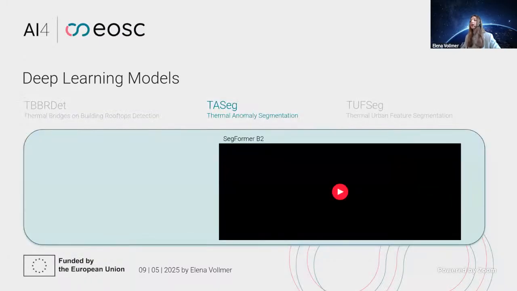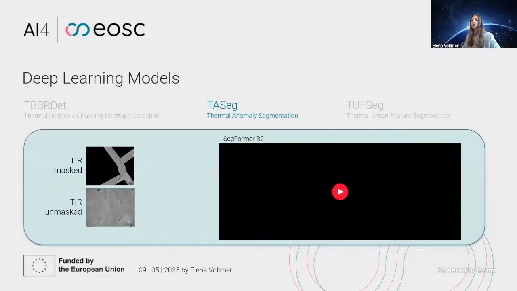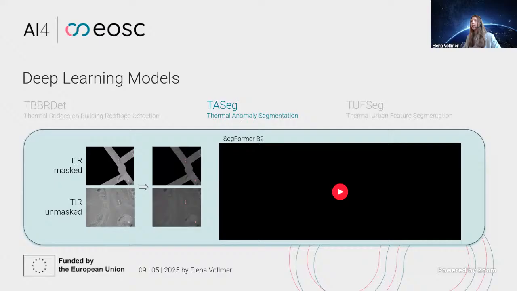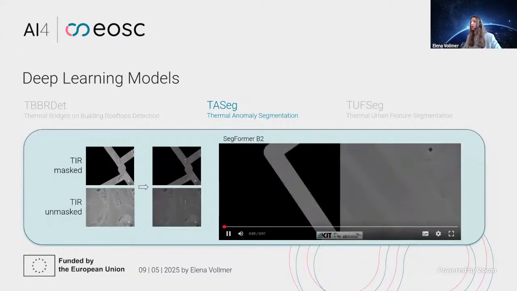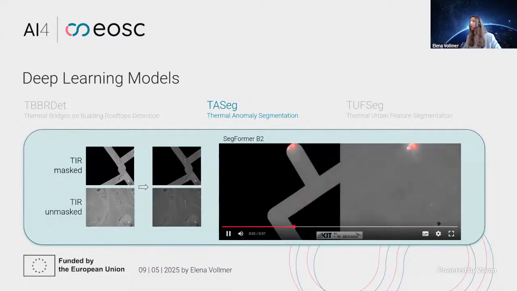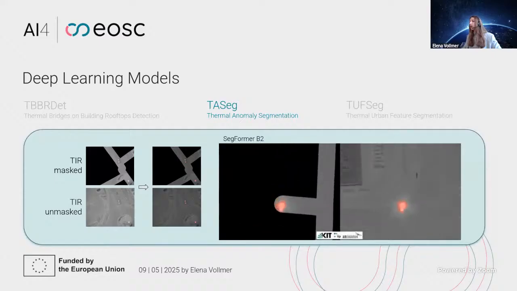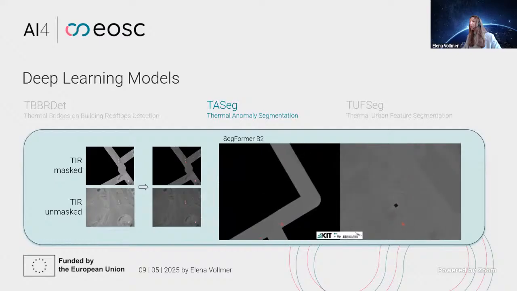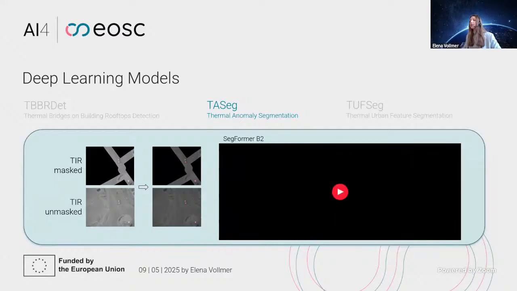For the thermal anomaly segmentation, we use, as I already mentioned, these masked thermal images, as well as the additional unmasked ones for giving some global context to the model. We then get these segmentation masks as outputs. Here, as an example, is a flyover video as well, showing how the model identifies and predicts where these areas of interest, these anomalies, lie.